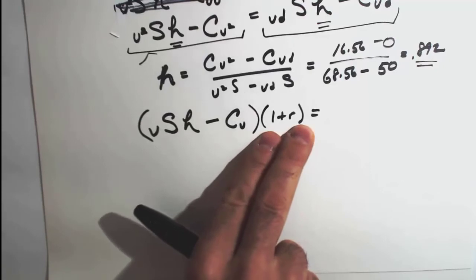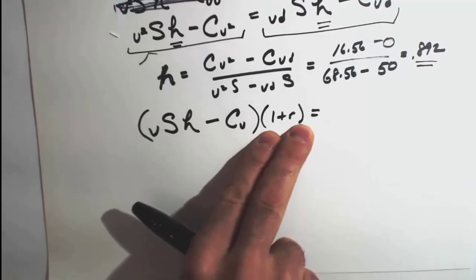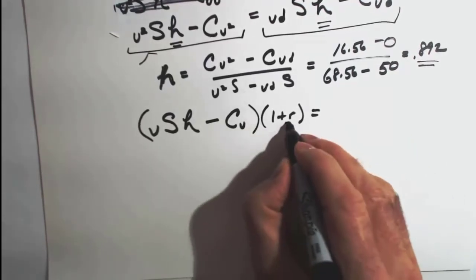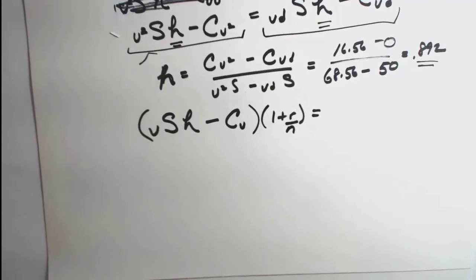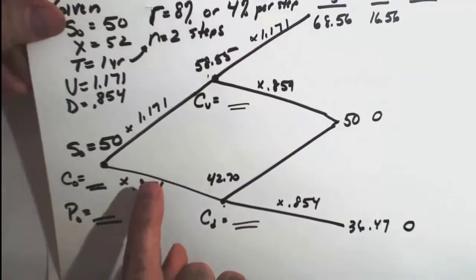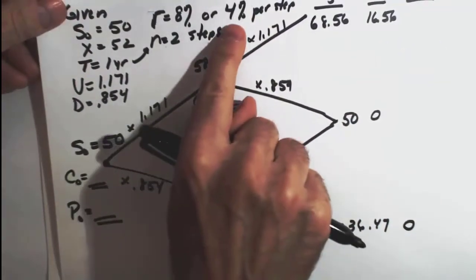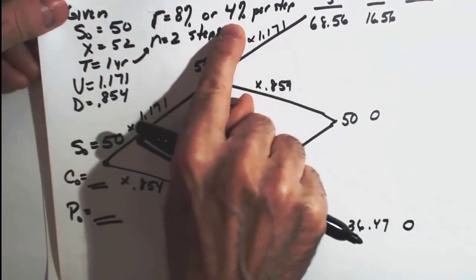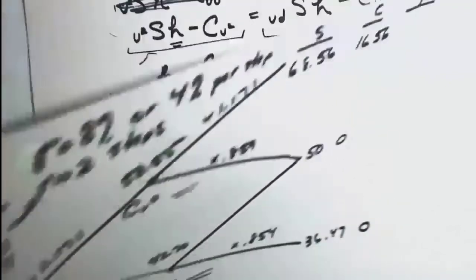It's going to grow at the risk-free rate. And we need to make one little adjustment here. Since we have a two-step process, we need to divide the annual interest rate by the number of steps in the binomial. And remember, the binomial has two steps, and so R divided by N is going to be 4%, as I told you up front.